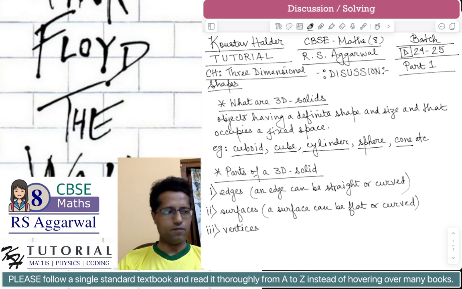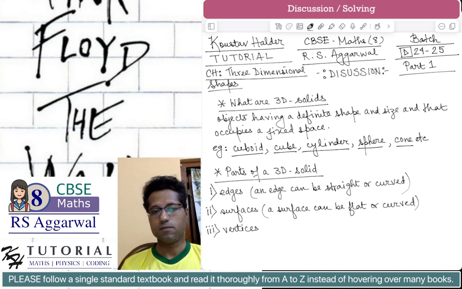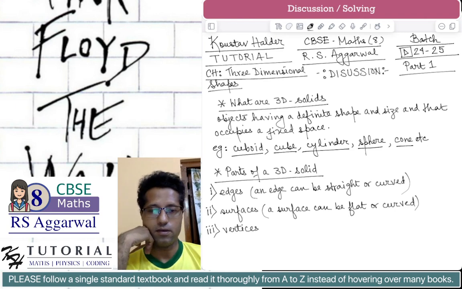In the next video, I will discuss the net of a three-dimensional figure, which is a bit complex topic, and I will try my best to explain it in the best way I can, because competitive examinations are mostly based on identifying the net of a given 3D solid or shape.